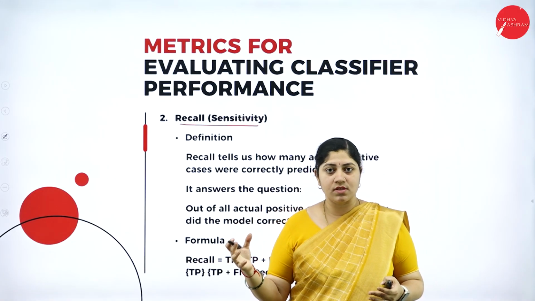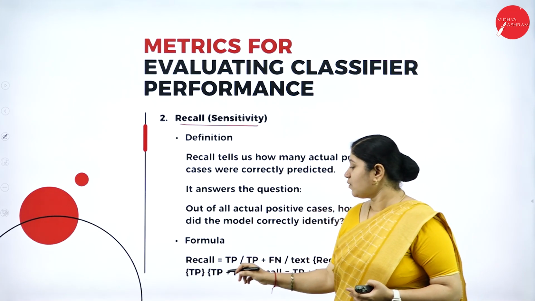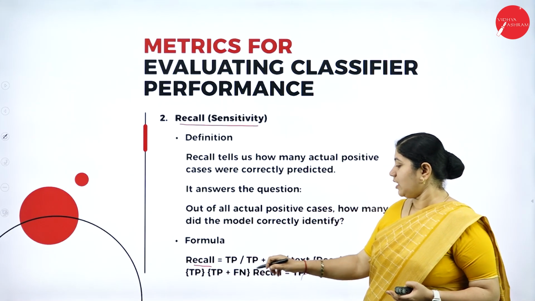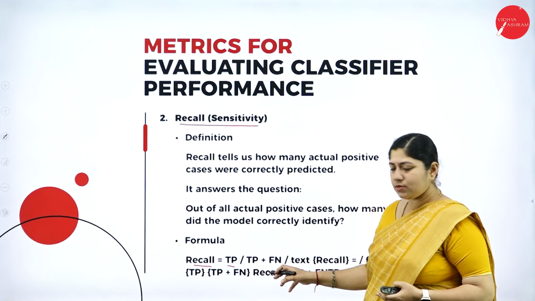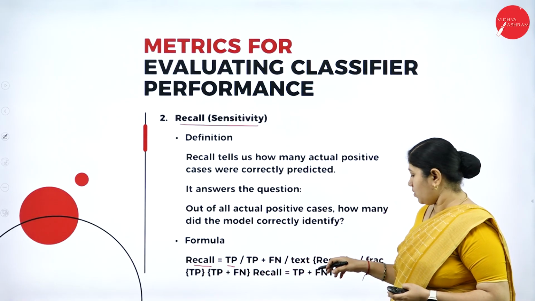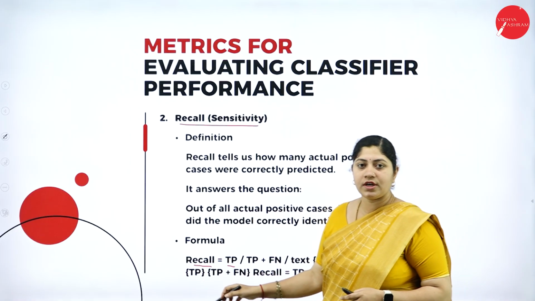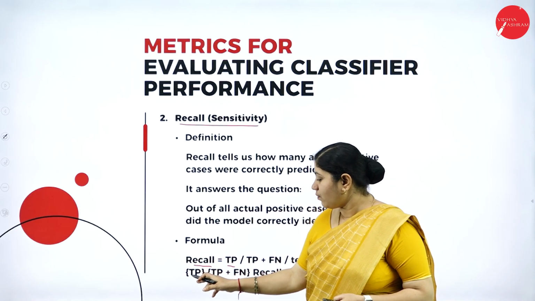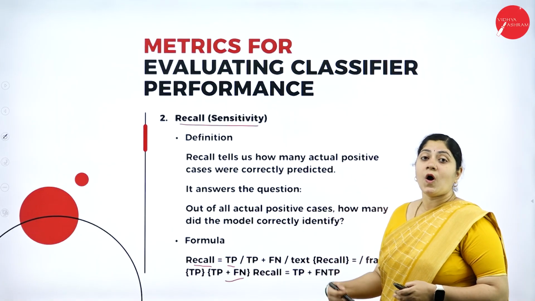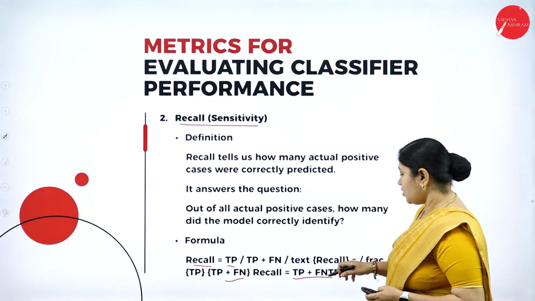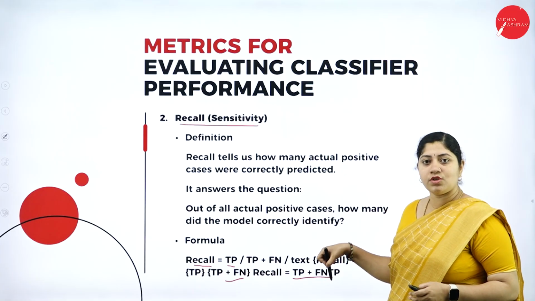Let's see a simple formula for recall as well. It is true positive divided by true positive plus false negative, or we can also write it as a fraction: TP over TP plus FN.